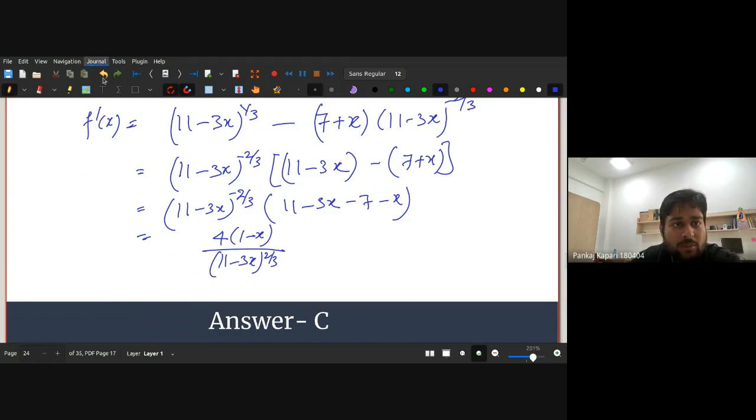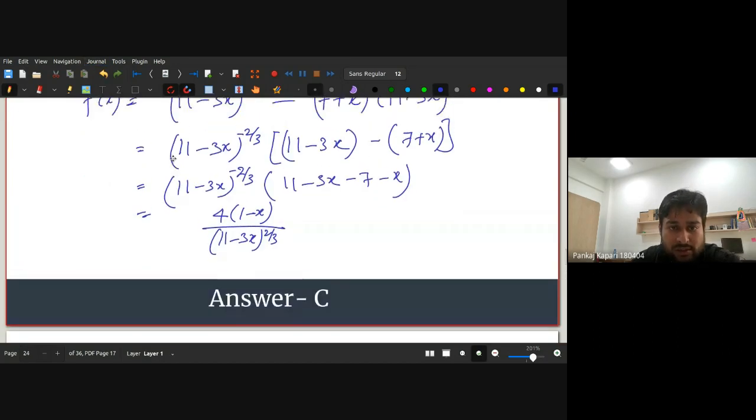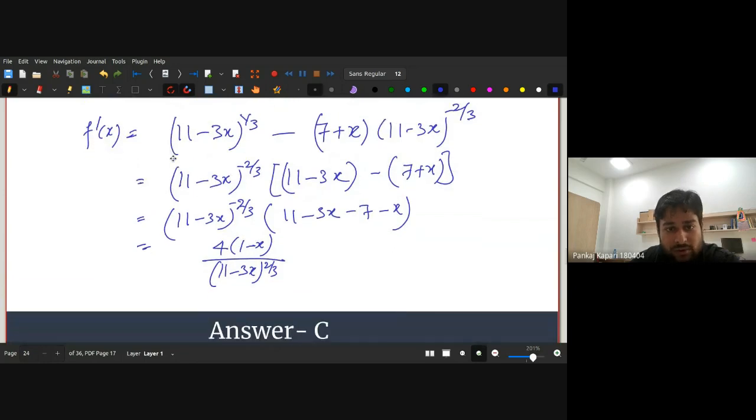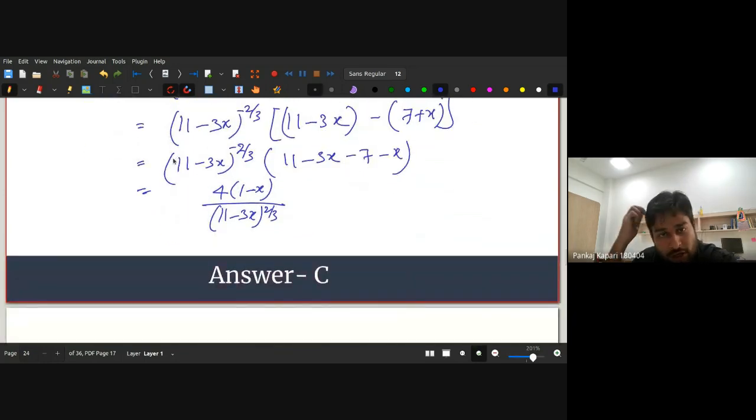Now what are the critical points? The critical points are the zeros of the derivative, and if the derivative is not defined at some point, then those are also critical points. You can see that at x equal to 1, the derivative becomes 0. And if the denominator becomes 0, the derivative is not defined. When can the denominator become 0?